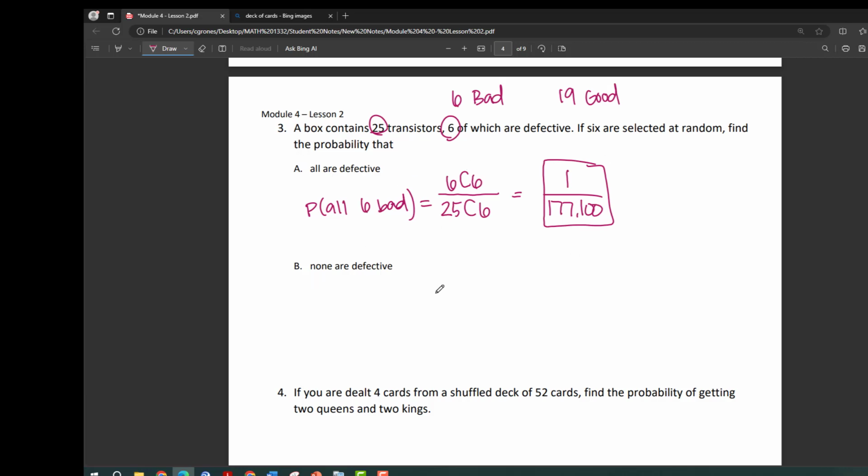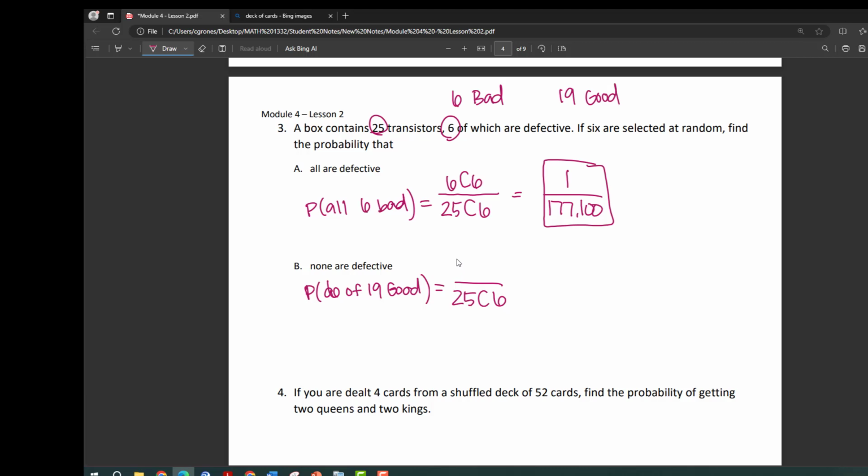If we want none that are defective, we want 6 of the 19 that are good. Okay, so very similar. Our denominator is staying the same. We have 25 and we're choosing 6.